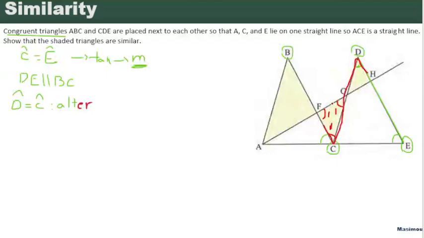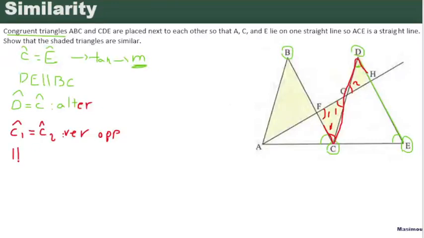And then C1 and C2: angle C1 equals angle C2 because they are vertically opposite. I have to write my reason. And then, as we know, the sum of the interior angles of any triangle equals 180.